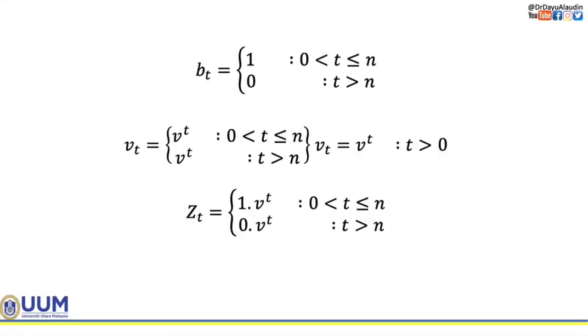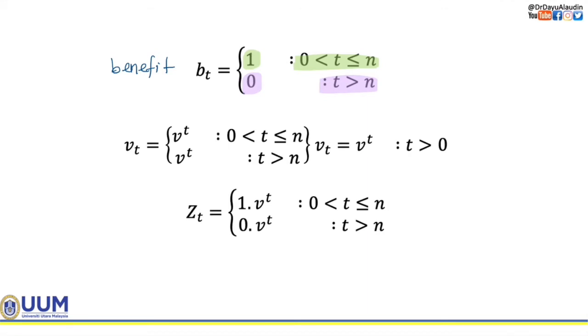So BT, the benefit function, will be paid if within the N years, the insured will get 1 ringgit. However, after N years, no payment will be paid.